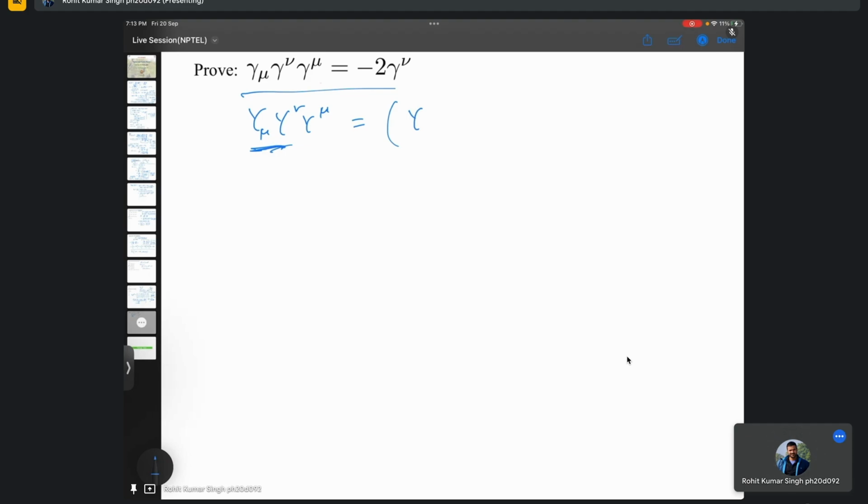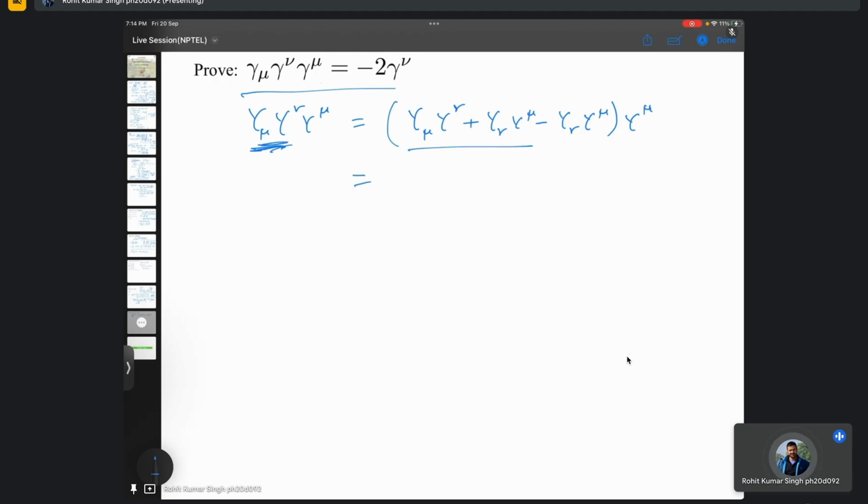Let me see. Here you can add gamma nu gamma mu and subtract the same quantity. And then you have the gamma mu.